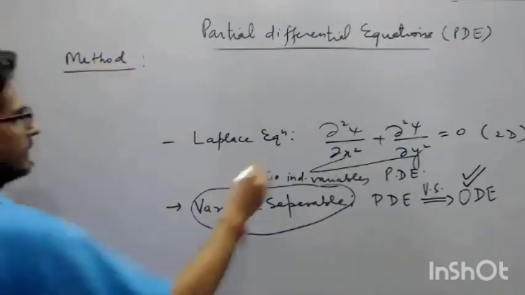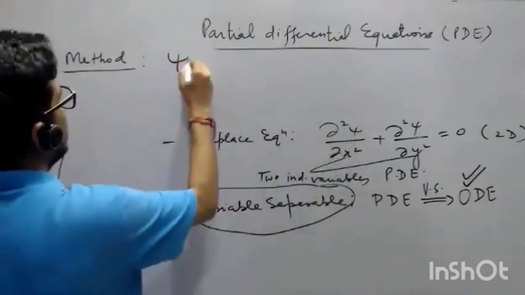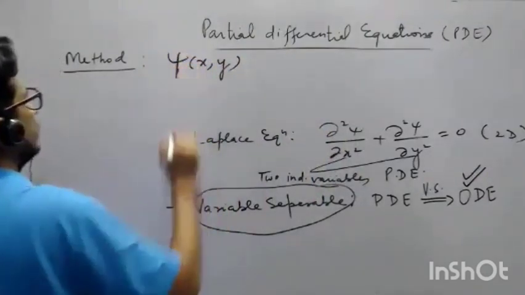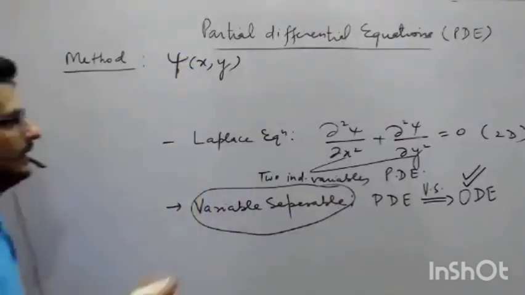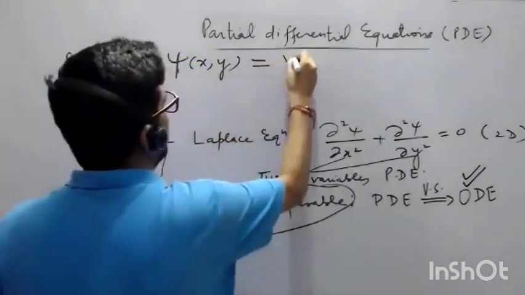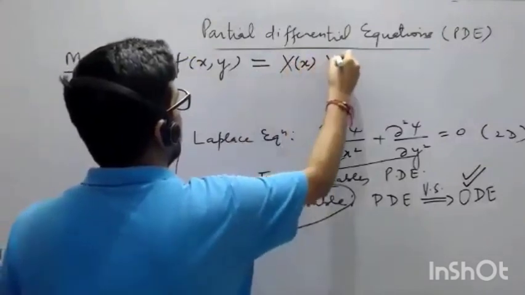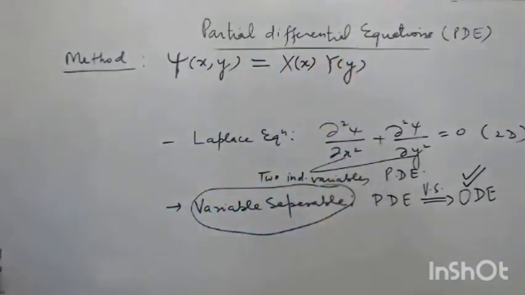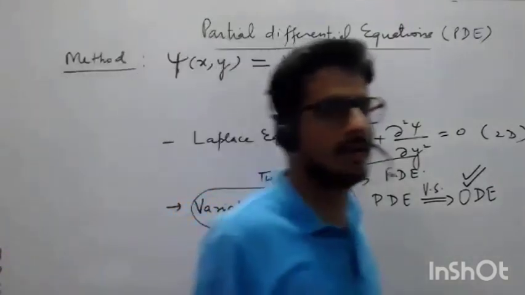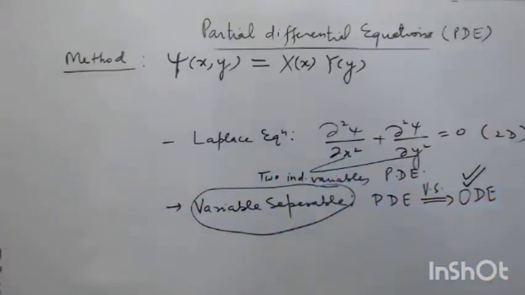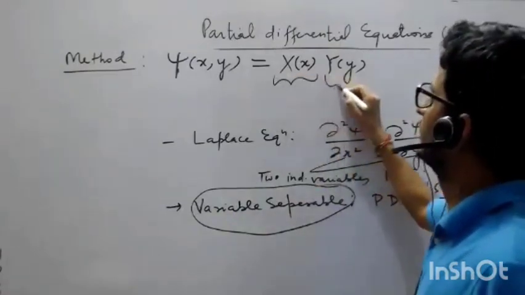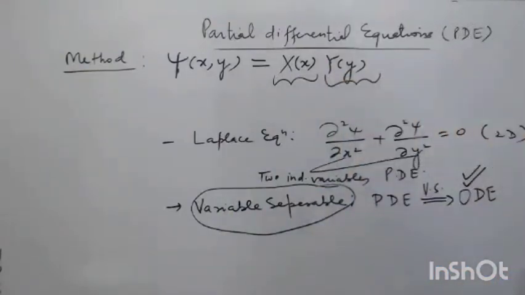Suppose you have psi as dependent variable, and suppose it is function of x and y. So the technique says write it as product of only function of x and only function of y. This is the technique, that if psi is function of x comma y, then write it as a product of capital X into capital Y, where this is only function of x and this is only function of y.